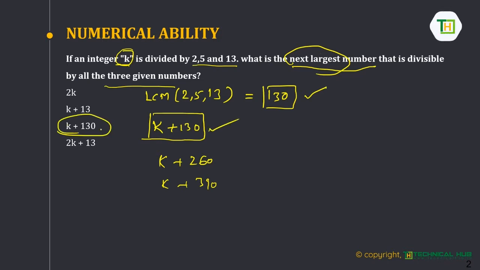This is the answer, k plus 130. Okay. First calculate the LCM of all the numbers. Once you get the LCM of those numbers, your answer for this question is the integer k plus 130 also. Okay.